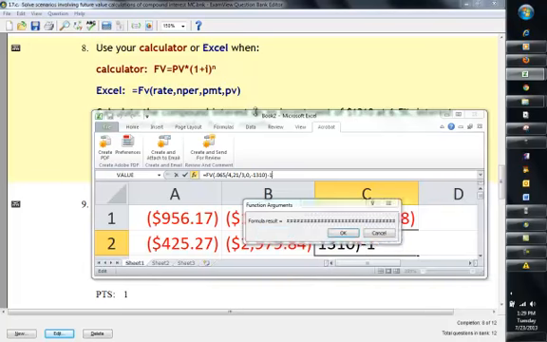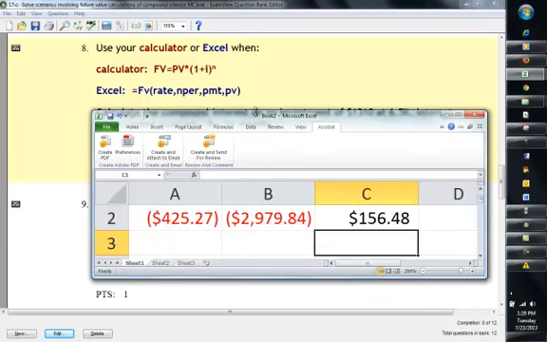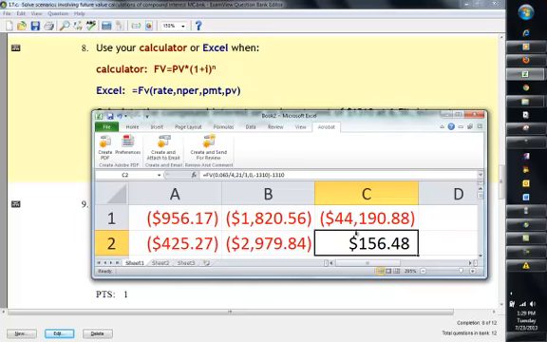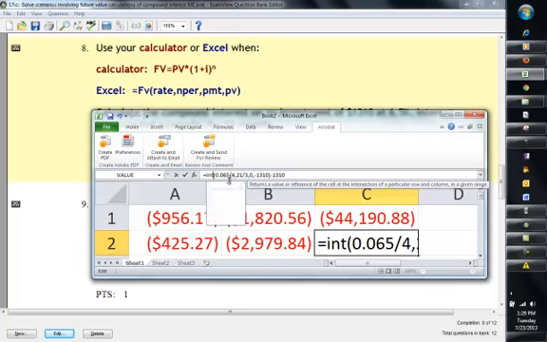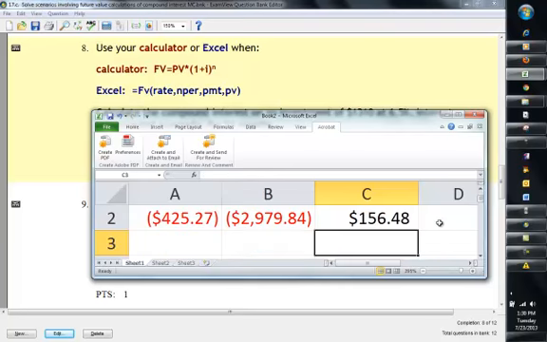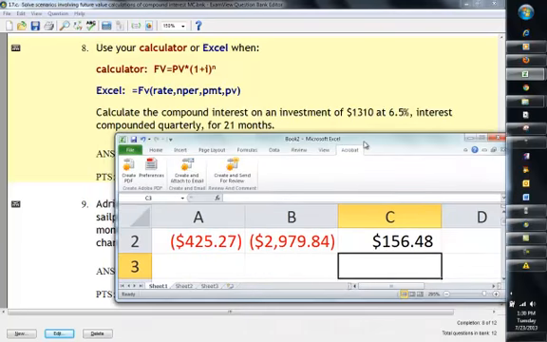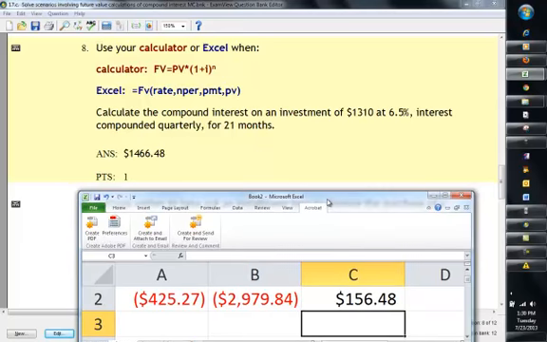So minus 1,310. The other thing I could have done is I could have pressed interest, but I guess I don't have interest. So I guess that is all I could do is get that answer. 156.48.